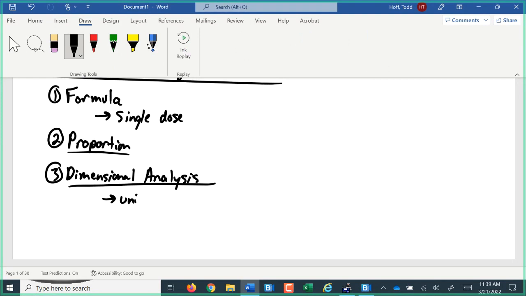The units dictate the calculation. And third, I should say, you could have as many steps as you needed. When we get into some of our IV flow rates, we might have 4 or 5 steps in that calculation process. The dimensional analysis can handle it all at once, all in one long, big step.